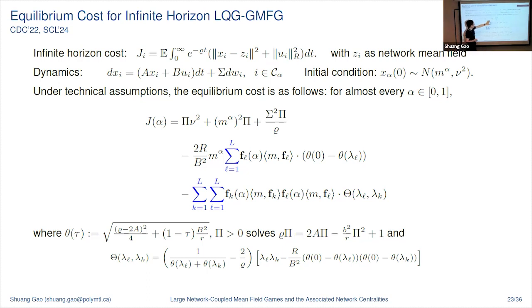The first line, this part characterizes the individual nodes, and the second part is like a graph filter, where you pass the signal through the eigenfunctions, and to each different eigenfunction direction, you have a different value for it.